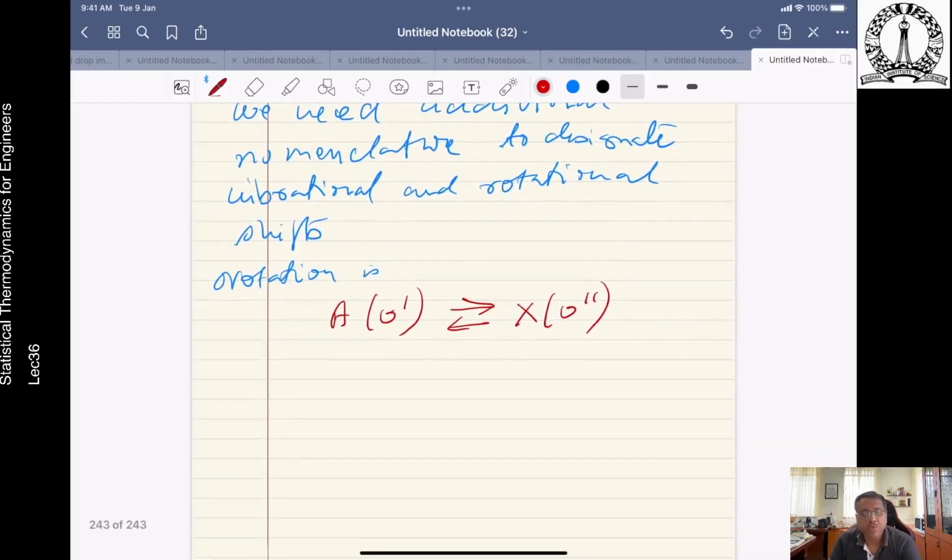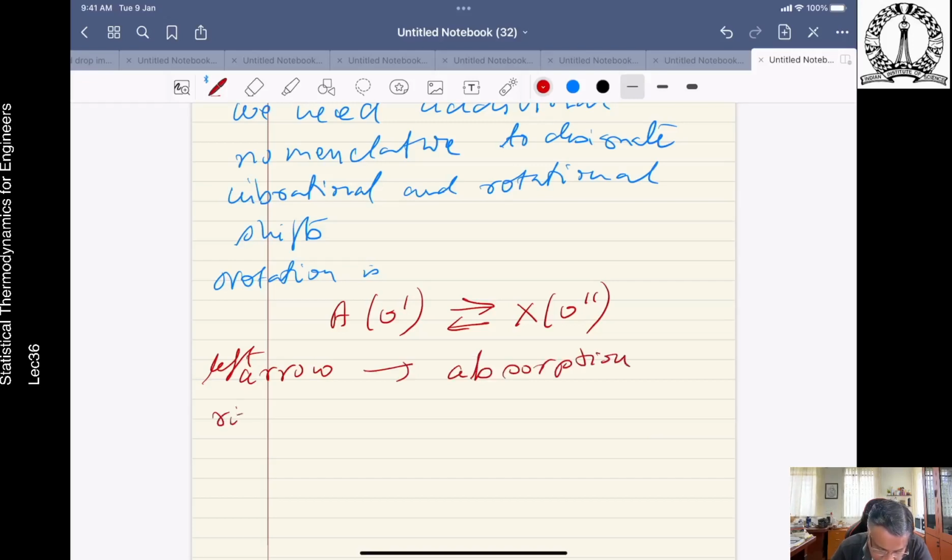Only one arrow can be used: the left arrow designates absorption, and the right arrow designates emission.